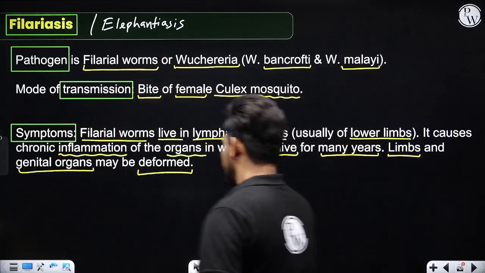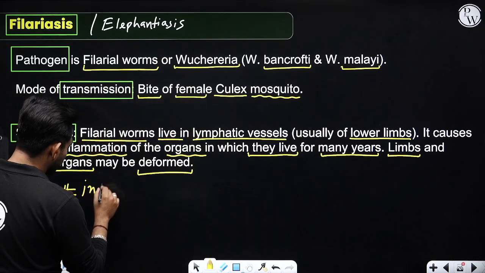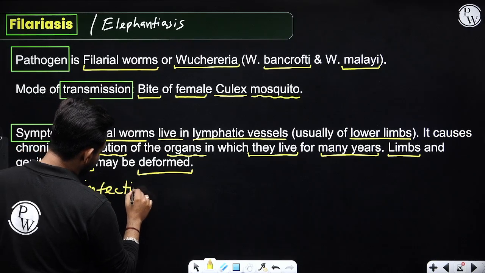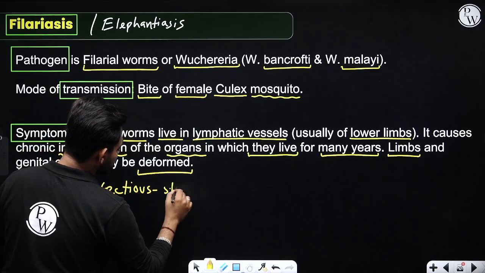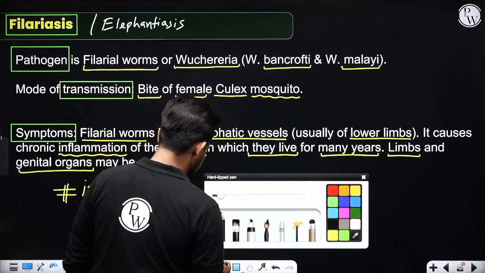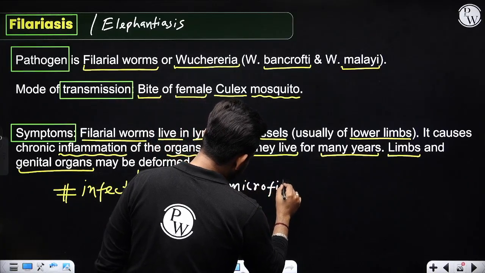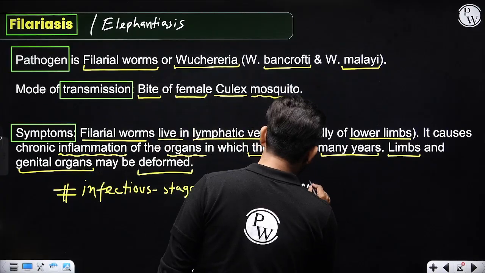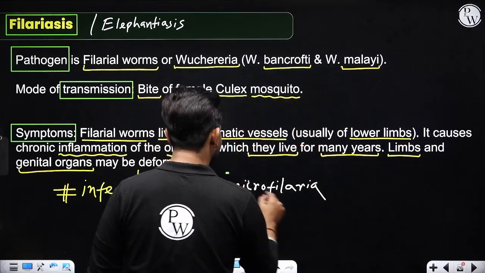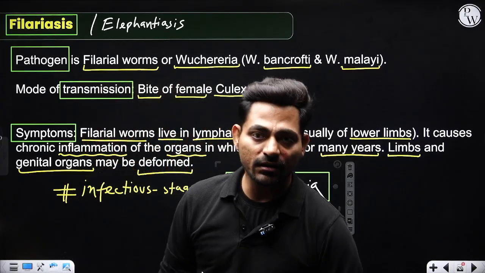Okay. Now the infectious stage of this disease is called microfilaria. Basically, microfilariae are juveniles of the filarial worm.